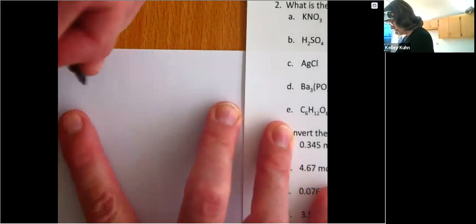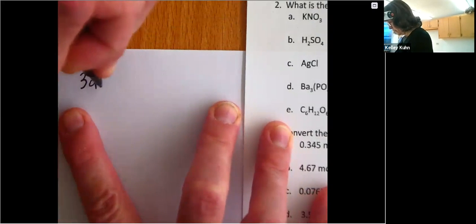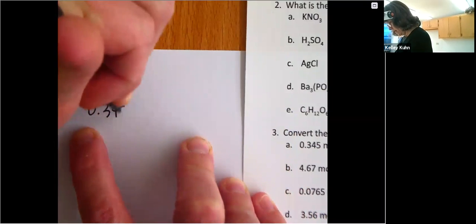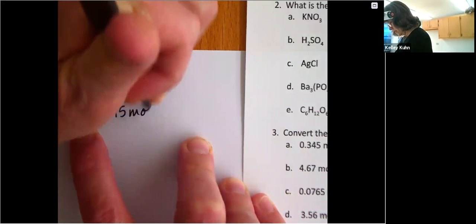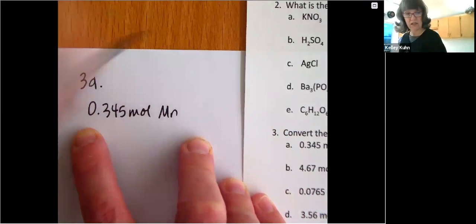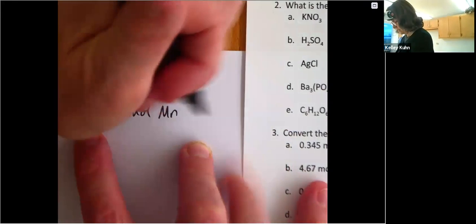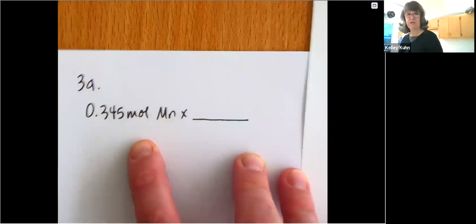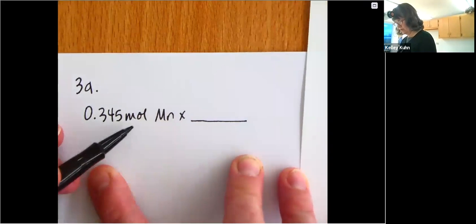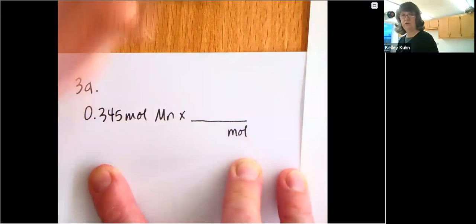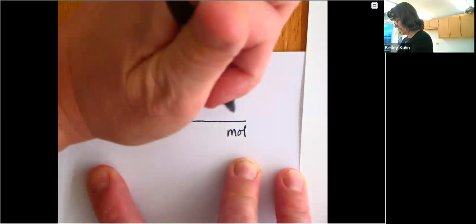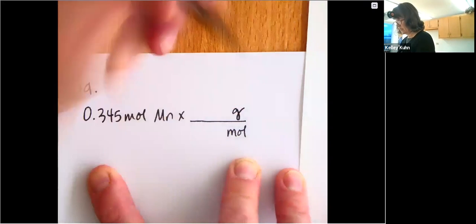On 3A, we are being asked if we start with 0.345 moles of manganese to convert that to grams. So remember for dimensional analysis that the unit you start with will always go on bottom. The unit you're converting to will go on top, and in this case, we're being asked to solve for grams.